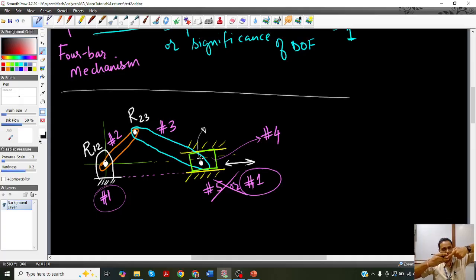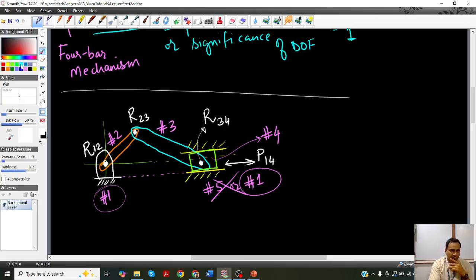Okay, I need not move the slider, I can still have this rotation. So this is a revolute joint between 3 and 4. Then there is a prismatic joint or a translation joint, sliding. Now that sliding is happening between green and the yellow. So this is prismatic between 1 and 4.